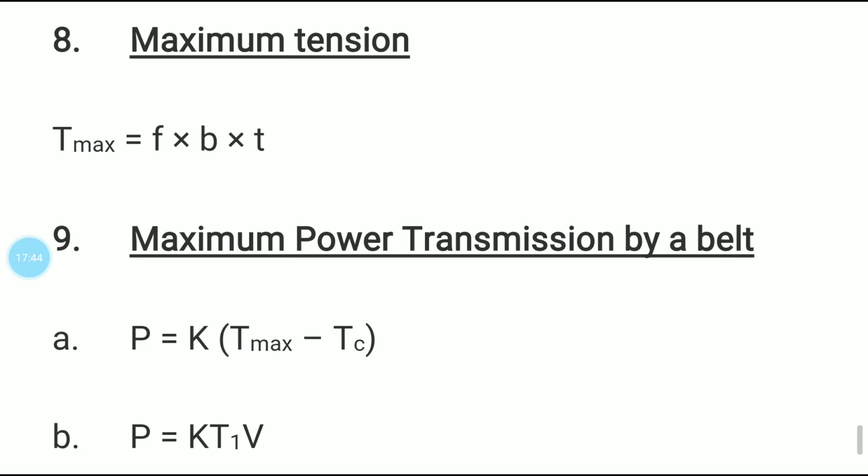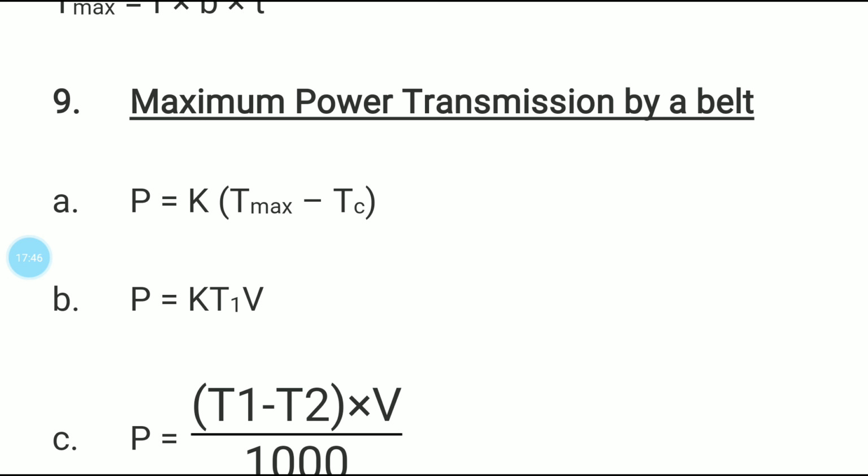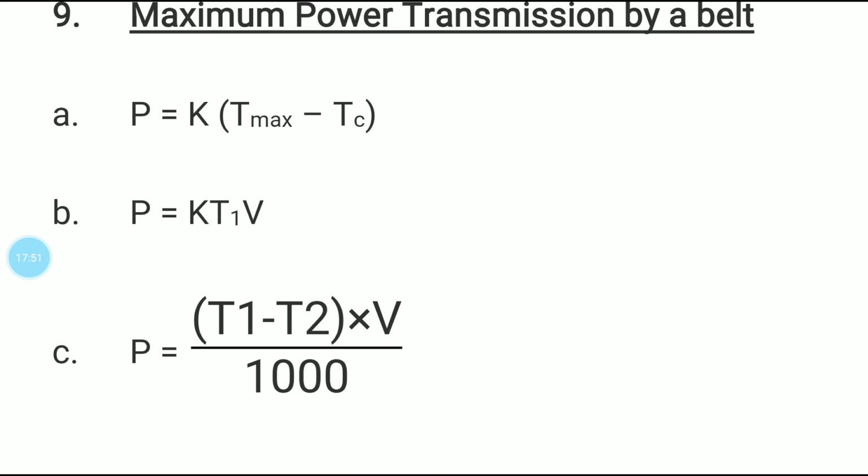Okay. Now, ninth one, maximum power transmission by a belt. There are three formulas to find the power. K is the constant tension, K equal to T2 by T1. P equal to K into (T max minus centrifugal tension Tc).